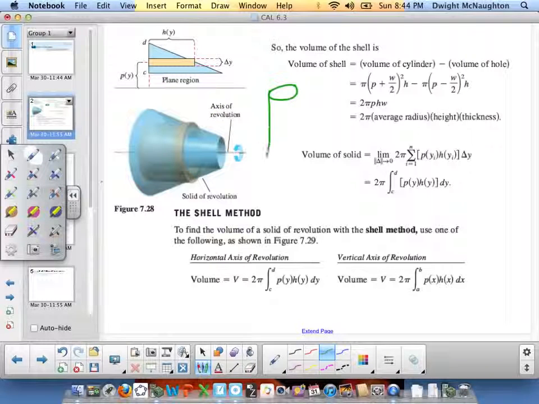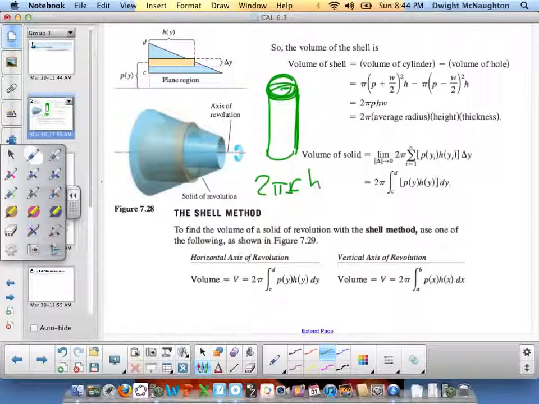If you think of these shells as cylinders, you want the lateral surface area of each cylinder. To get it, you need the height right here, and then going around like this, you need the circumference of your rotation. So it ends up being 2 pi r to get your circumference, and that r is your radius from the axis of rotation.